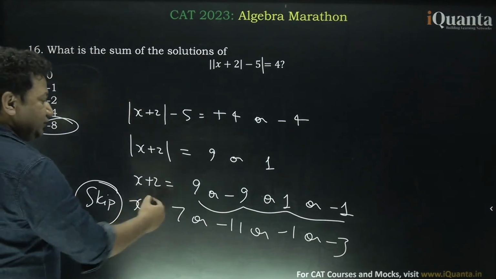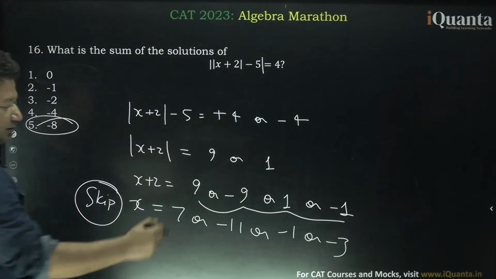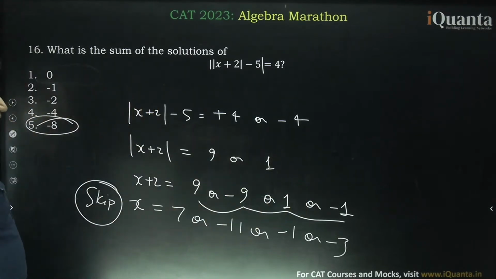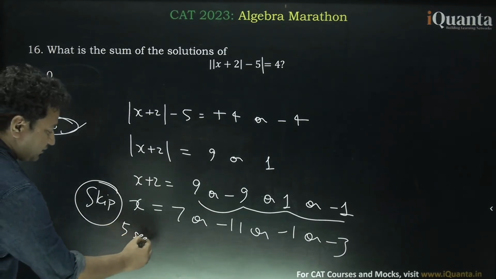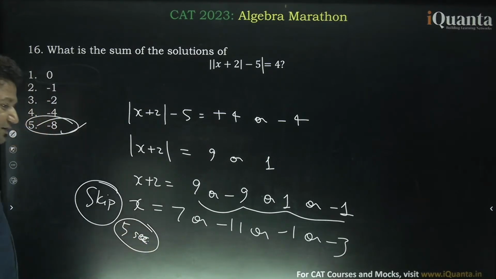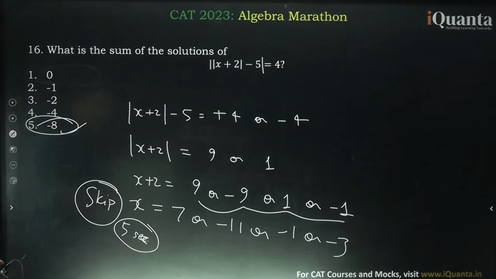So minus 2 goes there 4 times, 1, 2, 3, 4, minus 2 four times is minus 8. We can directly mark the answer and we could save at least 5 seconds here. The only difference between toppers and normal people is this, that they can save some time by skipping some redundant steps.